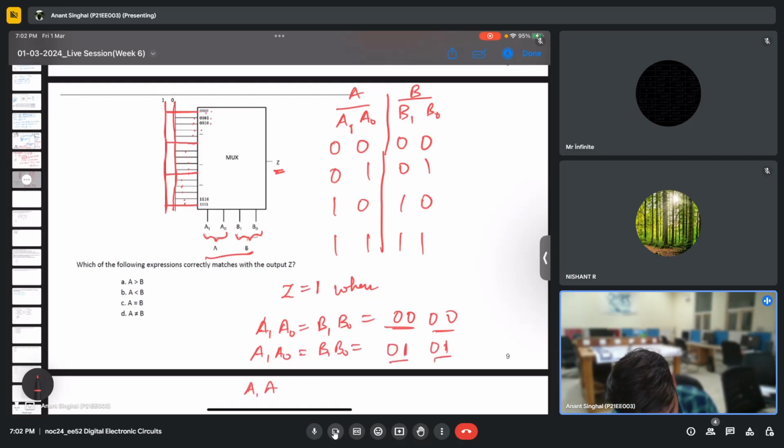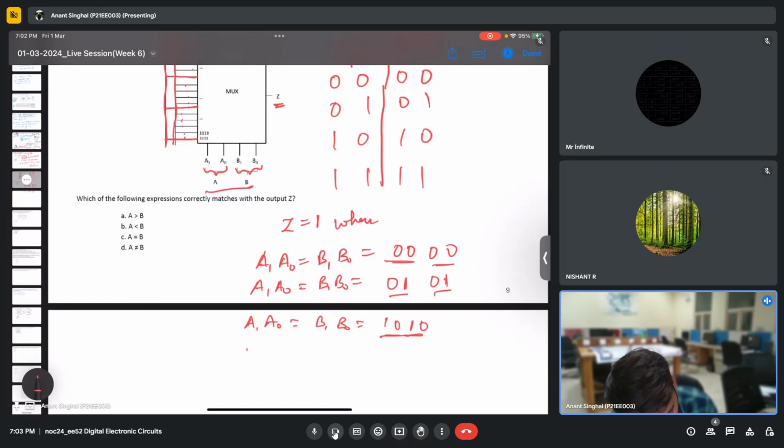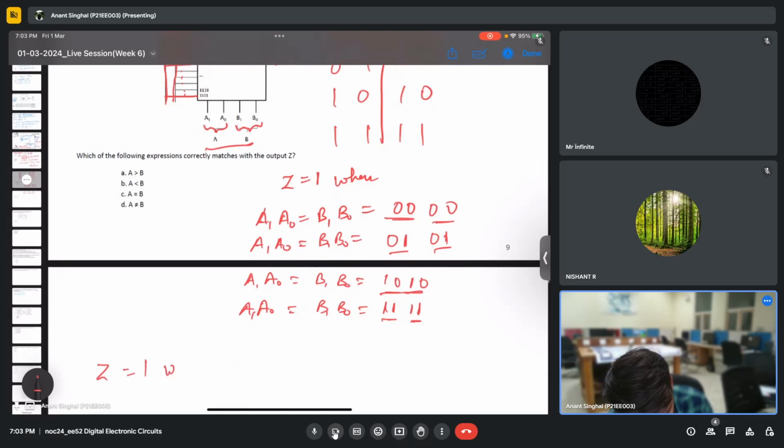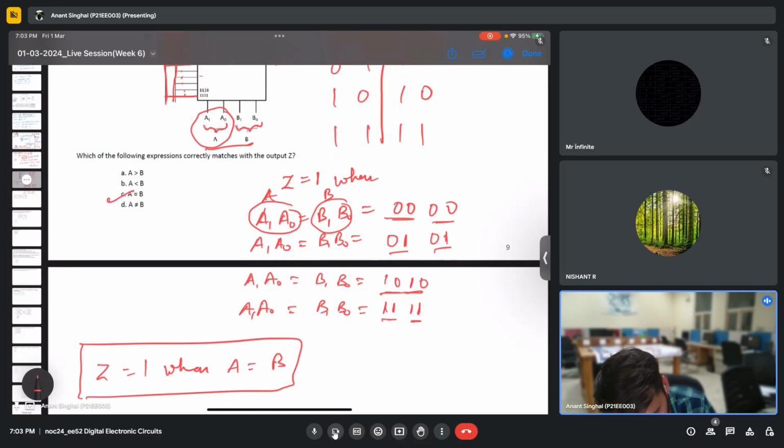For the third case, it is 1, 0 and also 1, 0. And finally, it is 1, 1 and 1, 1. Since A1 A0 is A and B1 B0 is B, Z equals 1 when A equals B, which leads me to option C.